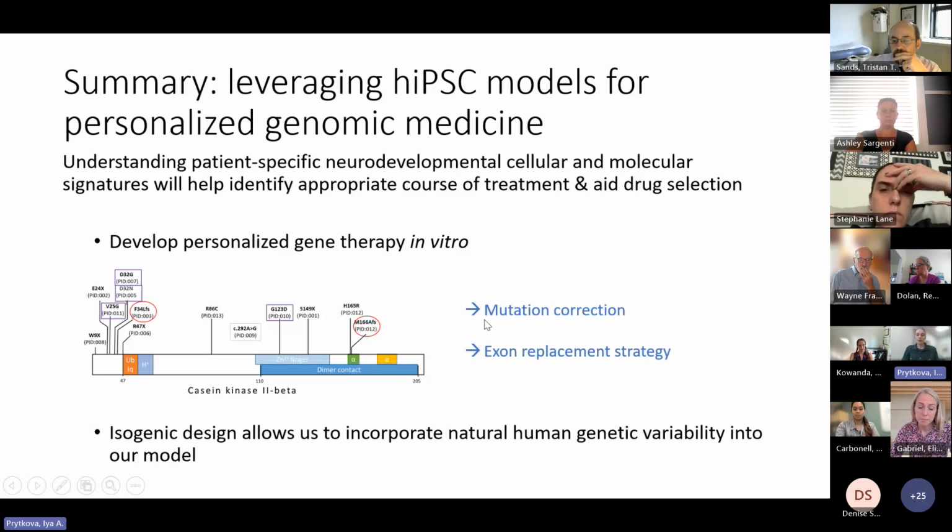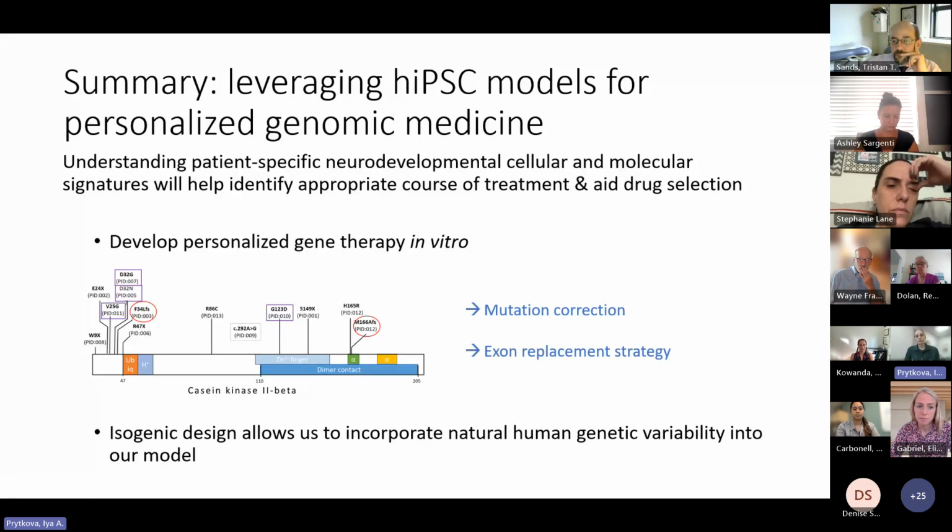We of course have the approach of prime editing mutation correction, but for a series of edits that are all clustered together, a different approach, such as an exon replacement strategy, may be more effective.